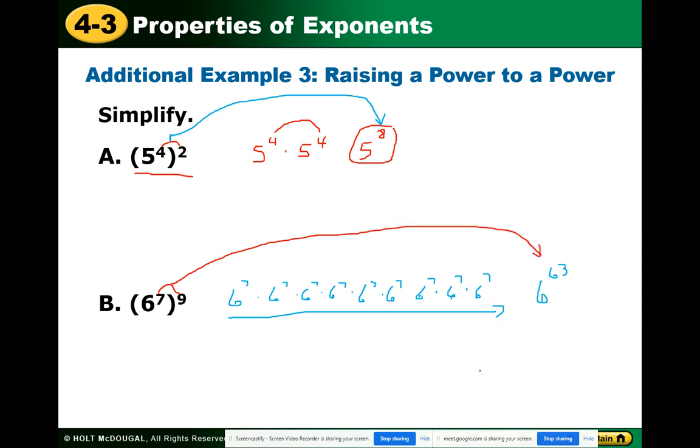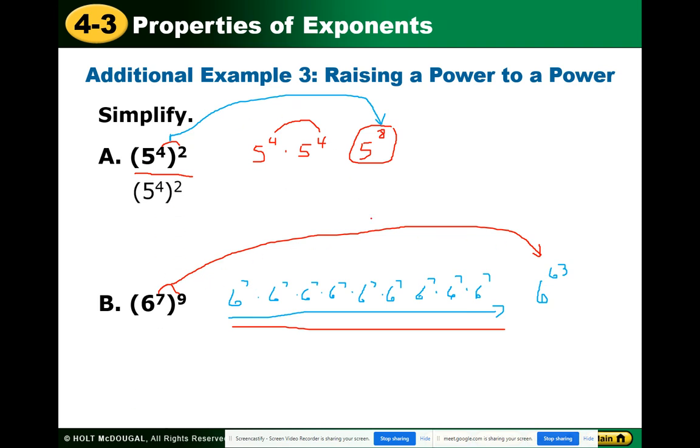Now, what Michaela just did, and this is the greatest reason for writing them all out, she's like, oh, do I add here or do I multiply? Because that's where you're going to find your mistake. When do I add the exponents? When do I subtract them? When do I multiply? If you can think like Trenton and Michaela did, oh, this means 5 to the 4th twice, this means 6 to the 7th 9 times, then you can really quickly understand when to multiply and when to add.